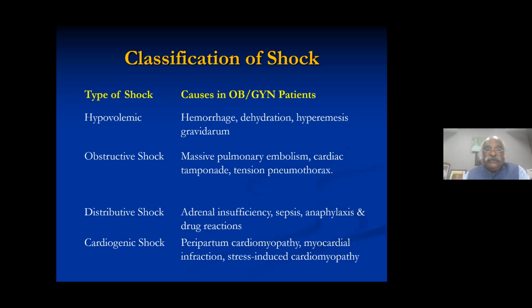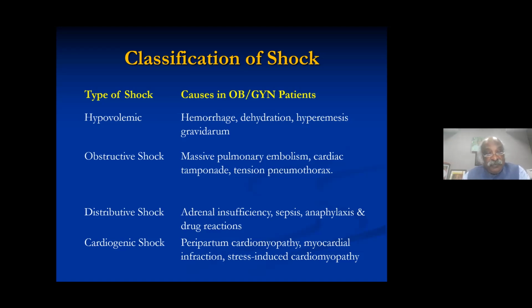The second important variety is obstructive shock. The brightest examples of obstructive shock are massive pulmonary embolism, cardiac tamponade, and tension pneumothorax. These affect the cardiac pump and then secondary cardiac failure occurs. It's not a primary cardiac etiology.